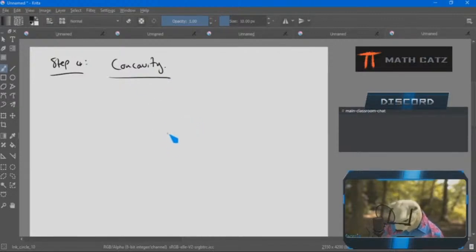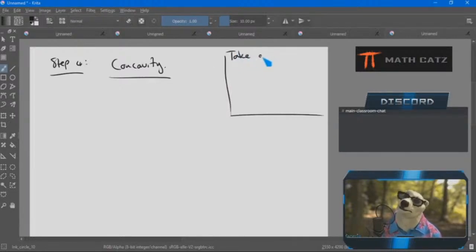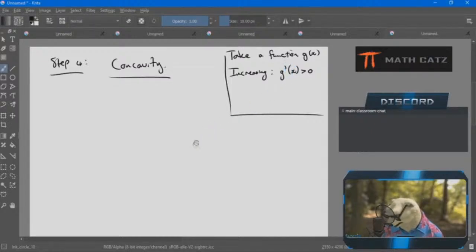Now, let me take a side note. Take a function, I don't care what function. Let's call it g. Take a function g of x. Remember that this function is increasing whenever the derivative is positive, regardless of the function. If it's increasing, its derivative is positive. If its derivative is positive, it's increasing. Okay, so let's keep that in mind.